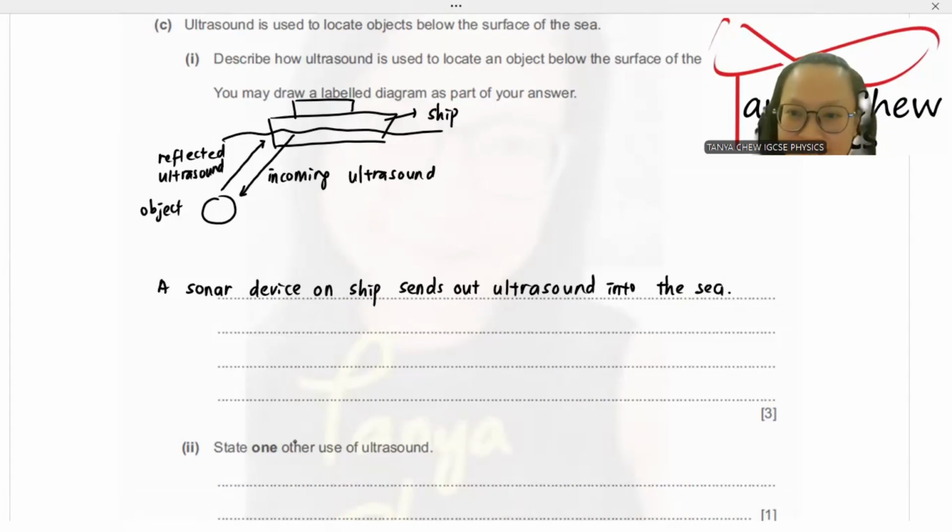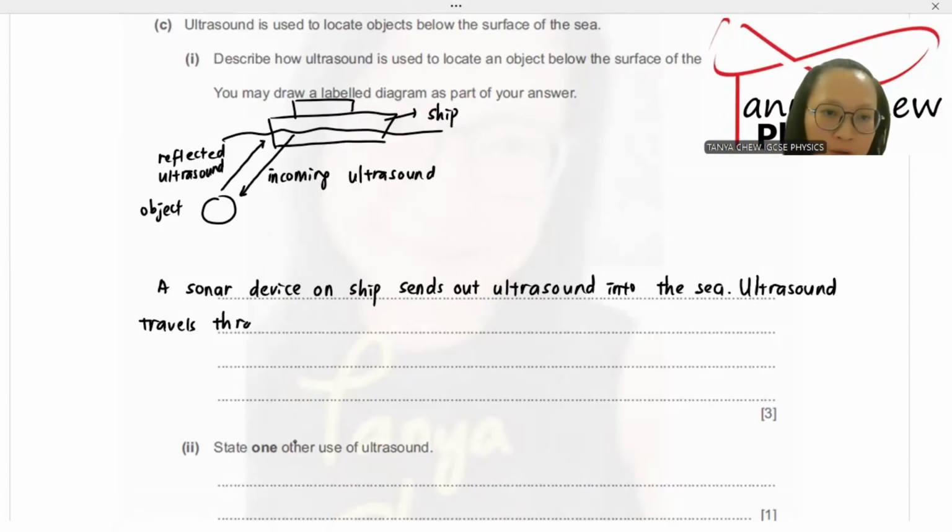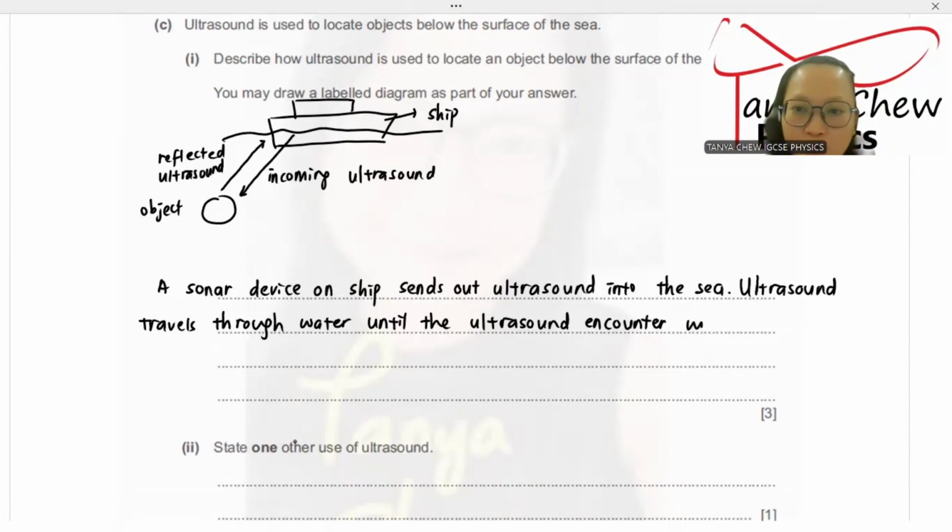And what happens is that this ultrasound travels through the water until the ultrasound encounters an object.